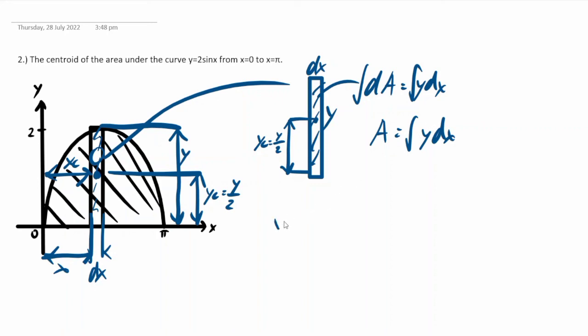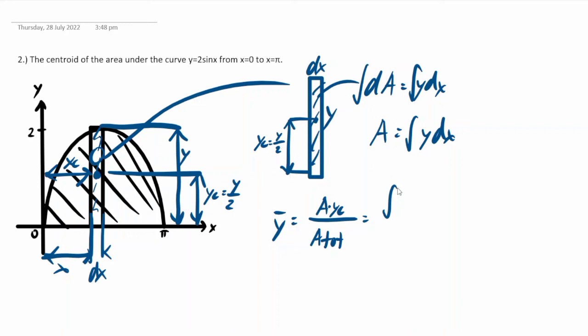So first, let's find the y bar, that is equals to A yc over the total area, or A total. That's A multiplied by yc. This equals to, just like before, our A is the integral y dx, and our yc is y over 2.